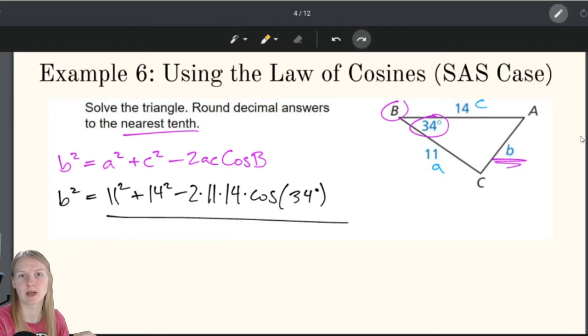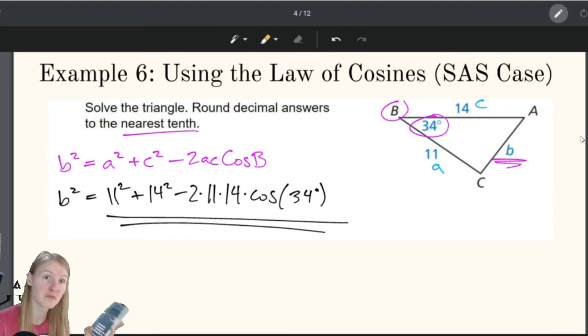You don't want to estimate with an estimation, or it just keeps getting less and less precise. So I'm just going to take this whole thing and punch it into my calculator: 11 squared plus 14 squared minus 2 times 11 times 14 times cosine of 34.